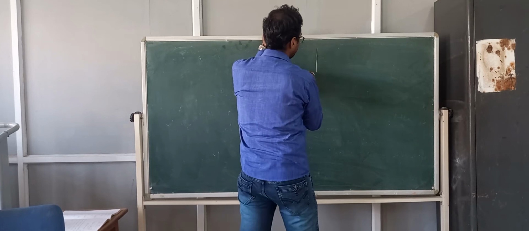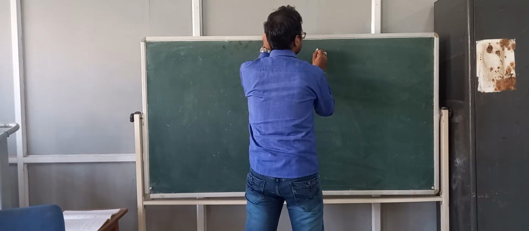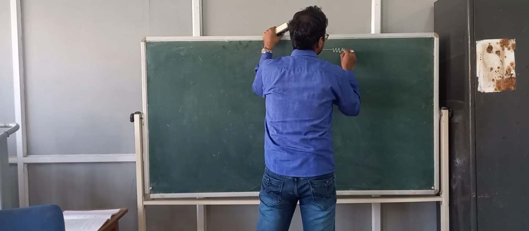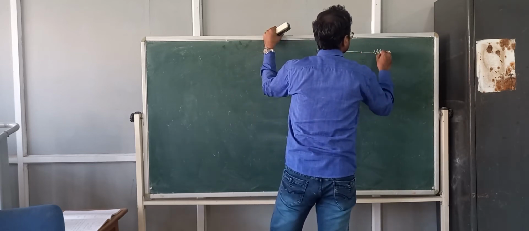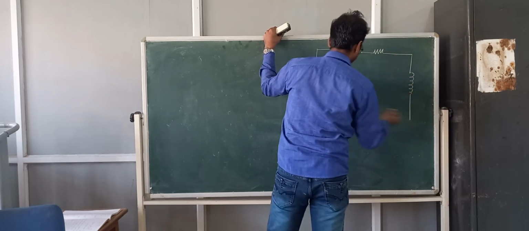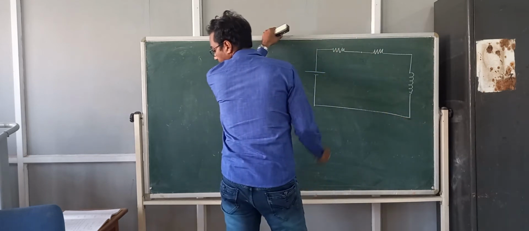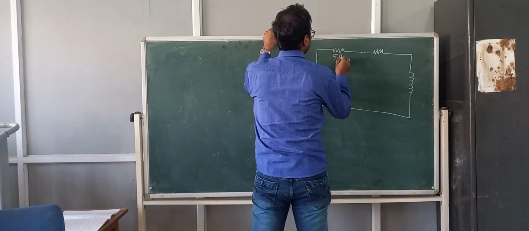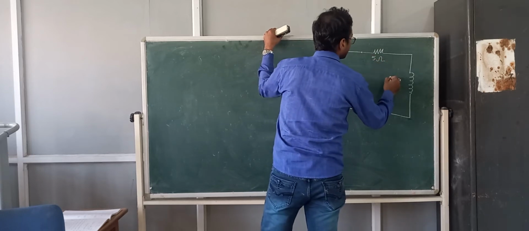Suppose a voltage source is there, a resistance is there here, another resistance is there here, and an inductor is present here. The value of this resistance is 1 ohm, this one is 5 ohm, and this inductor is 0.1 Henry.